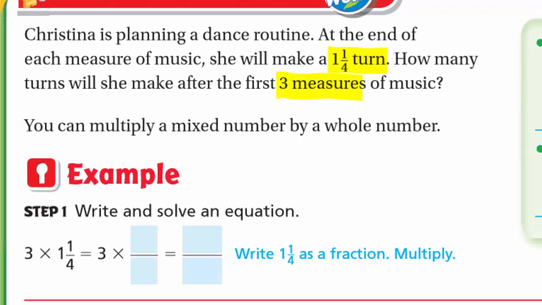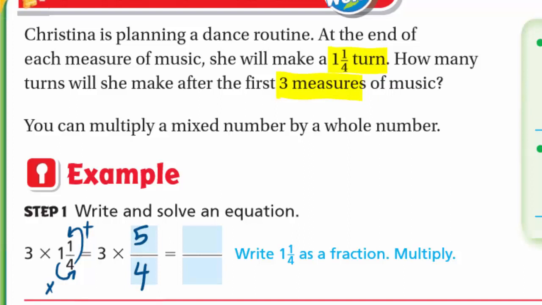First, we have to turn the 1 1/4 into a fraction. And to do this, we multiply the 1 by 4 and add 1. So 1 multiply 4, which is 4, plus 1 is 5. So 5/4.